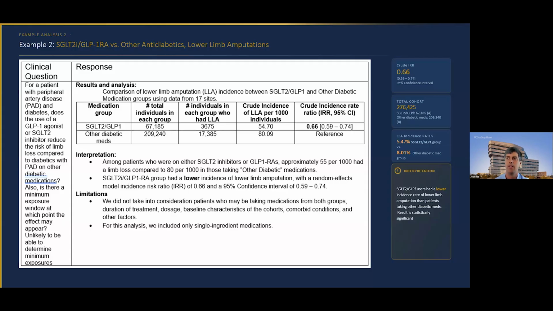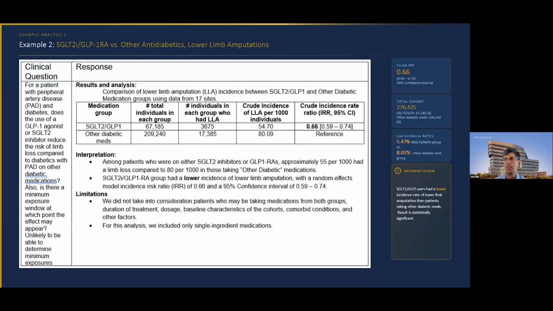So we looked at all the patients who were on the SGLT2 or GLP-1 inhibitors, which was about 67,000, or other diabetic meds, which is roughly 209,000 patients. We looked at the groups who had a lower limb amputation in each of those groups, which was 3,600 in the SGLT2 or GLP-1 group and 17,000 in the other group.